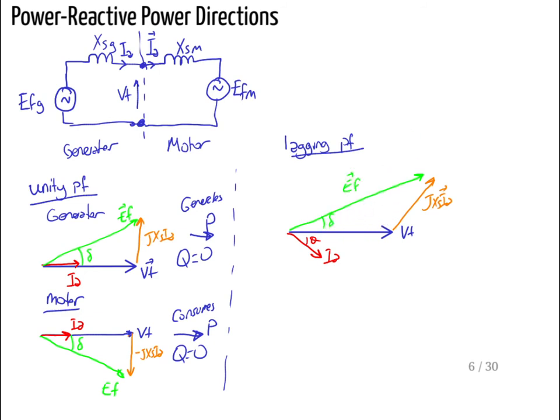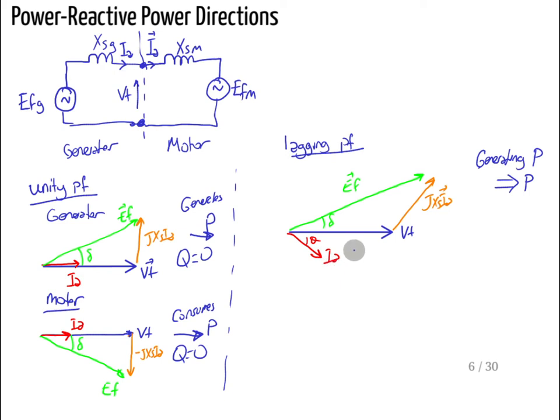Now let's look at the real power. EF is still ahead of VT, so the generator is generating power, and the power direction is from left to right.